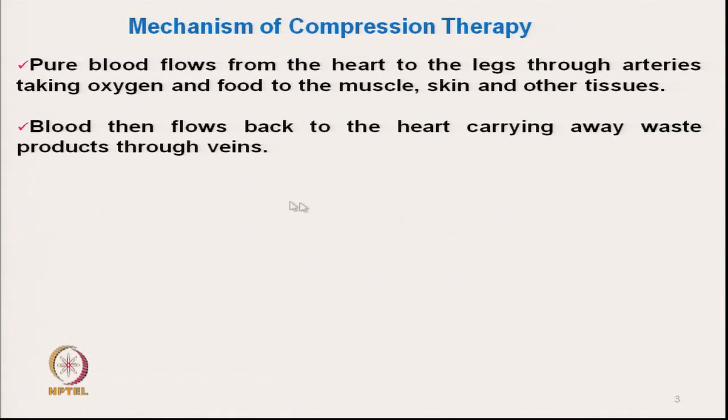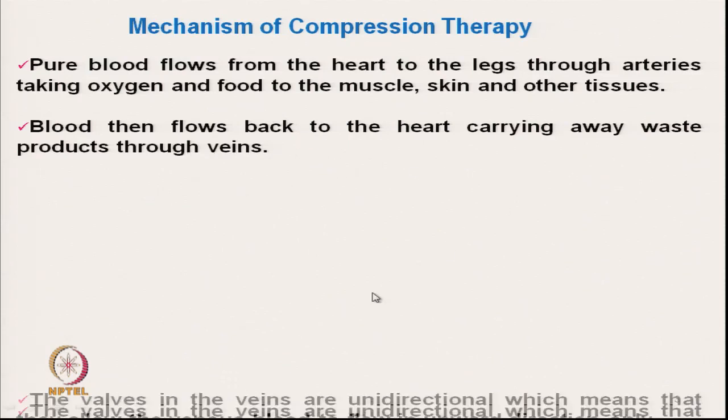Blood then flows back to the heart, carrying away the waste products through the veins, and the problem comes here, which is actually having a problem with flowing back to the heart.